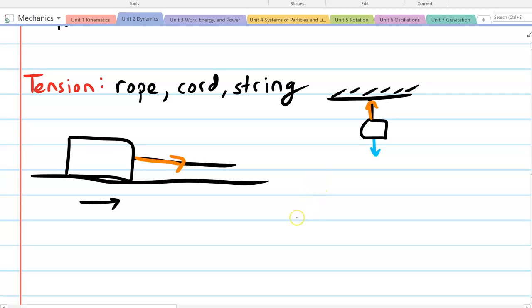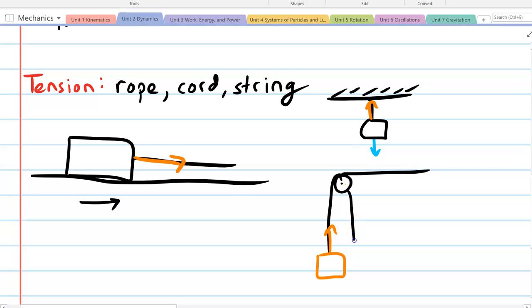And it's also associated with a lot of pulleys, right? I'm just going to draw this as a pulley, and let's say you have it like this, and then I have two blocks located on it. There's tension here because the blocks are kind of pulling on each other in their own way. And the job of the pulley is just to redirect what the tension force is pointing at. So let me draw a better example just to show you.